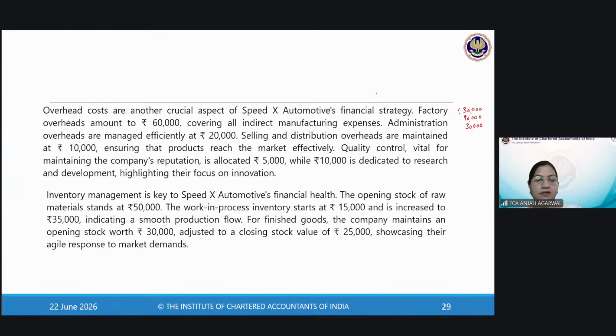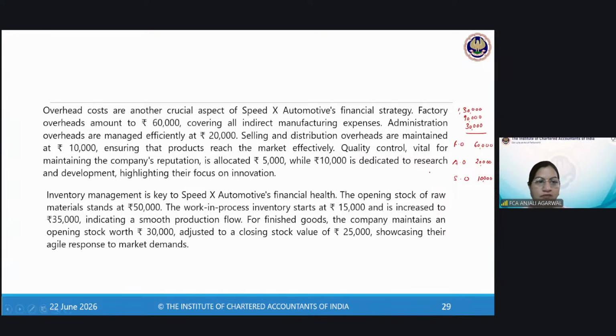Overheads cost are another crucial aspect of SpeedX automotive financial strategy. Factory overheads account for 60,000, covering all indirect manufacturing expenses. Administration overheads are managed at 20,000, and selling and distribution overheads are managed at 10,000, ensuring the products reach the market effectively.